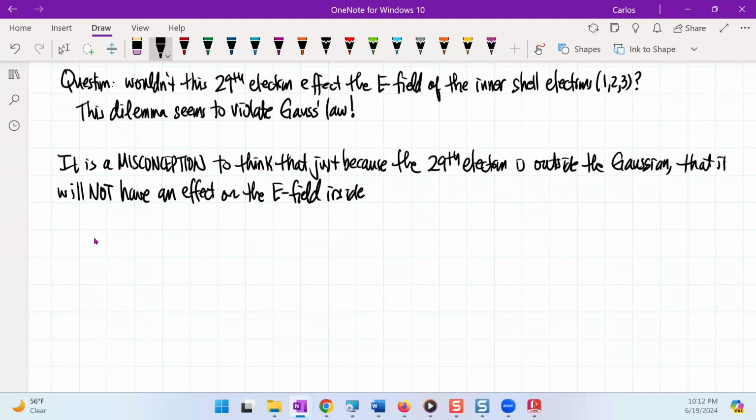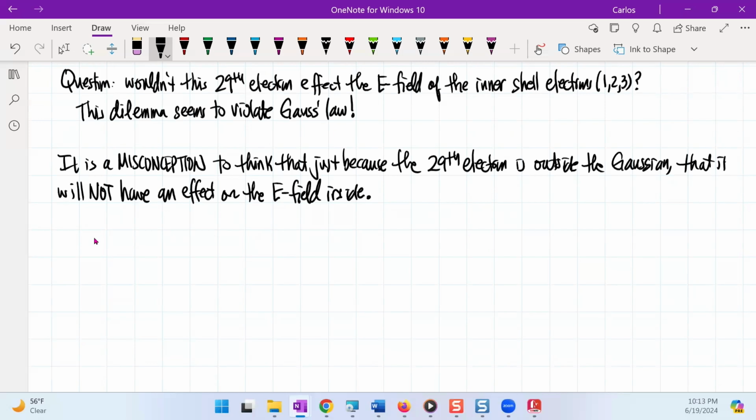I know I did, so I'm imagining that you might too. And part of the reason is that I was mixing up flux with the electric field.